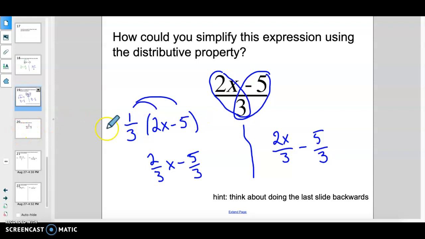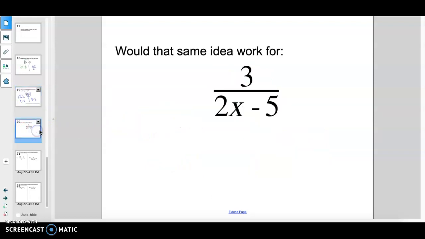Would that same method work on this next slide? So I've got a 3 on the top. If I try to do that trick where I do the distributive property, I would be trying to pull the denominator out. So it would look like 1 over 2x minus 5 all times 3. That doesn't really help me. It doesn't look like the distributive property. I couldn't distribute.